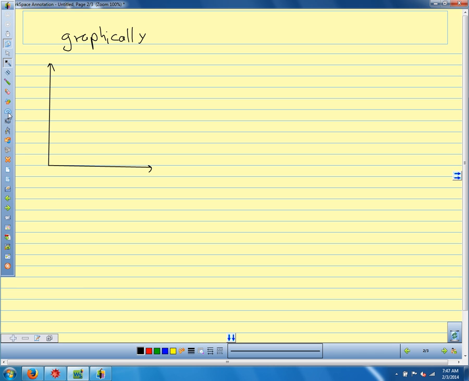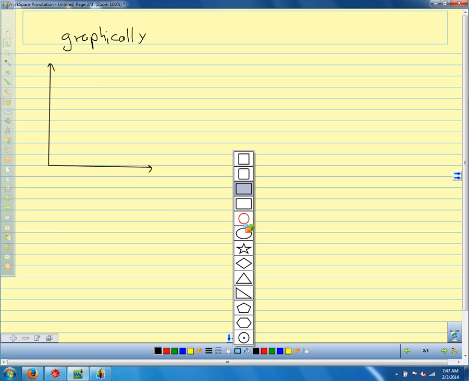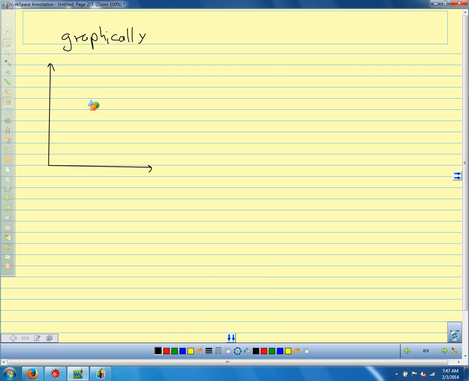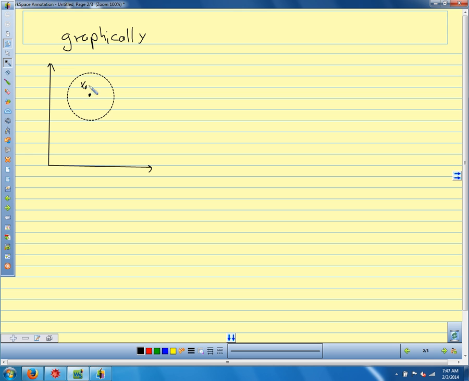Let me draw a circle here for our disk. And here's our (x0,y0) in the center of that circle. And this radius is delta.